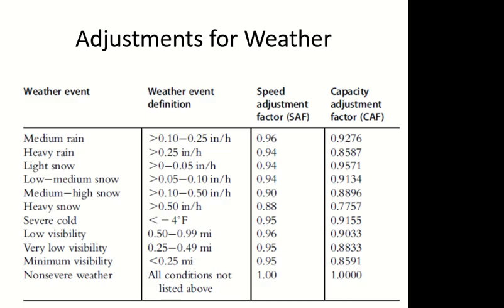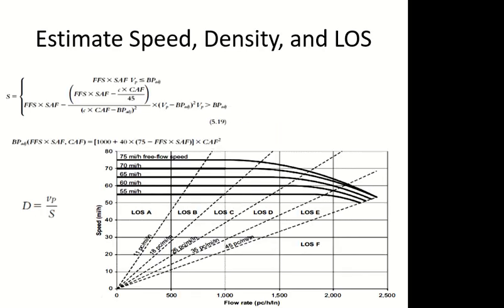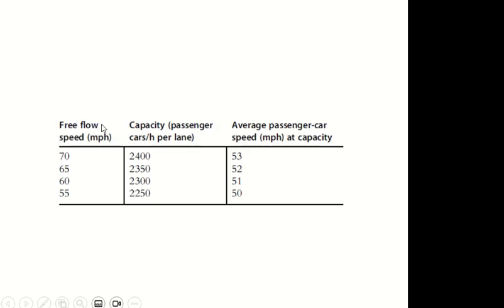Some weather conditions require the speed adjustment factor and the capacity adjustment factor. So if a weather condition is given, for example heavy snow, you will find the speed adjustment factor and the capacity adjustment factor, and use them in these equations. Okay, SAF and CAF.